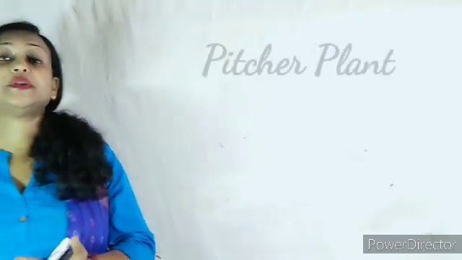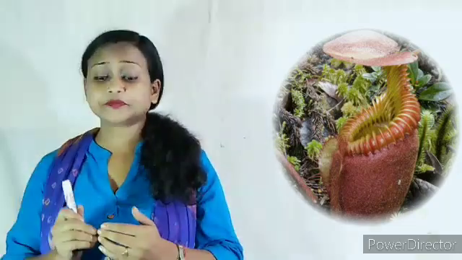So now we will be discussing the pitcher plant. The pitcher plant is a type of insectivorous plant. Though the pitcher plant is green in color, that is, it contains chlorophyll and can make its own food, again for certain nutrients it traps small insects and has them as its food.